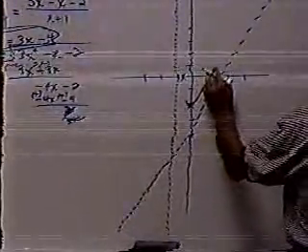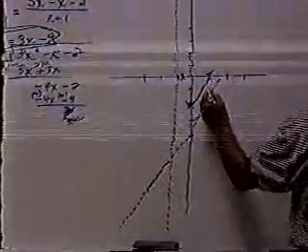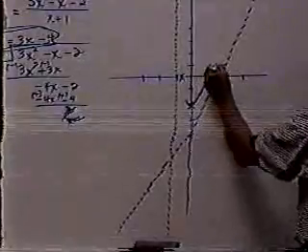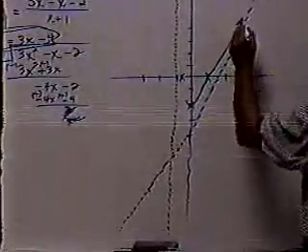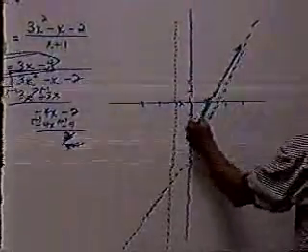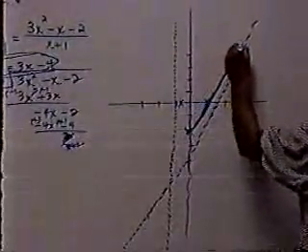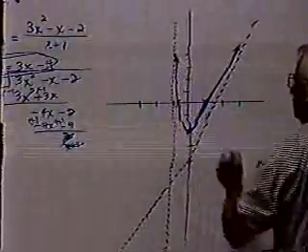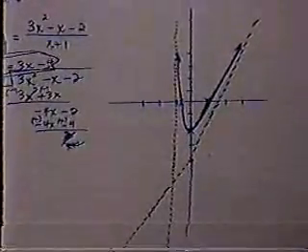So let me change the slope of this a little. What happens is this thing comes up here and approaches this dotted line, but never touches. So it comes along here and approaches this, comes over here, approaches, never touches. So that's part of the graph.